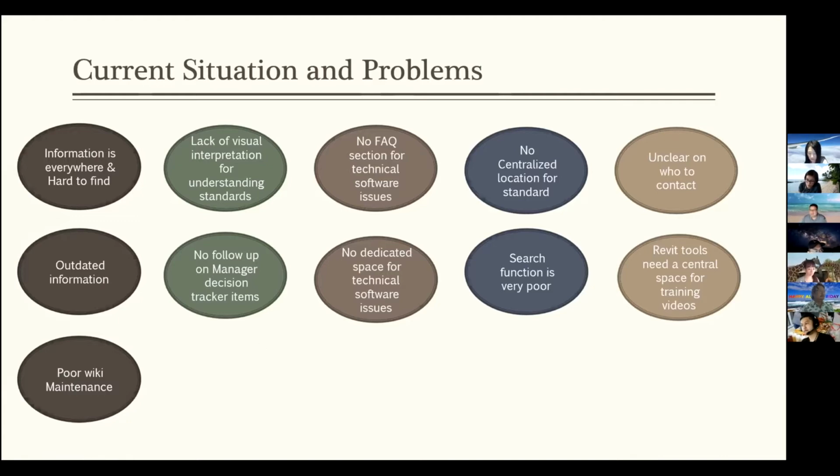A lack of visual interpretation for understanding standards is related to having no visual follow-up on manager decision tracker items. No designated FAQ for software and technical issues is directly related to not having any dedicated space for technical software issues in general. And since we have no centralized location for technical standards, it makes utilization of the search function on the wiki very poor.